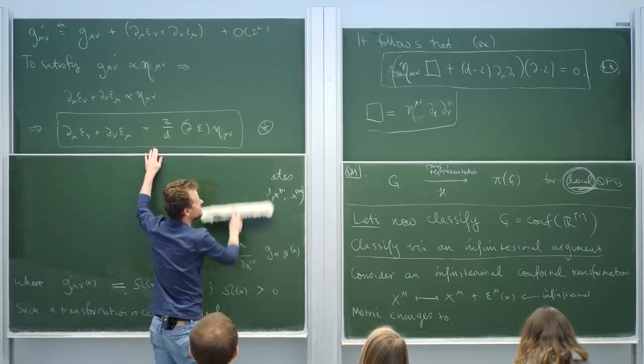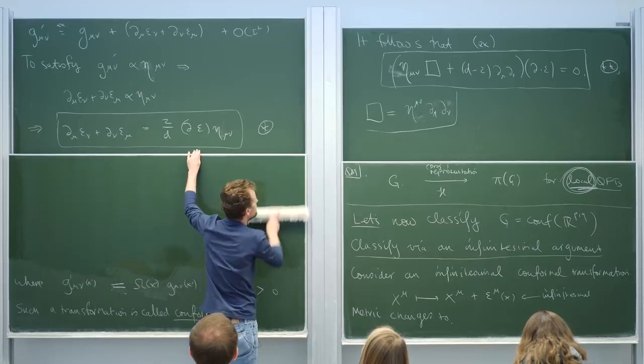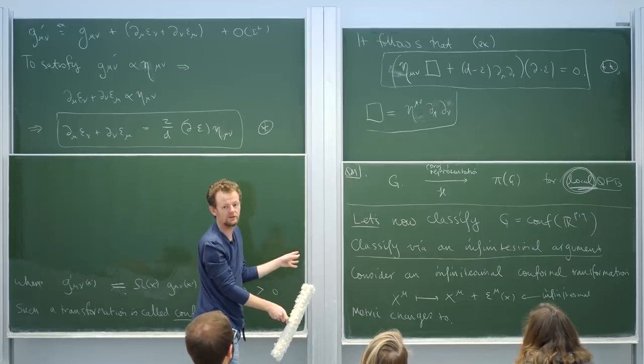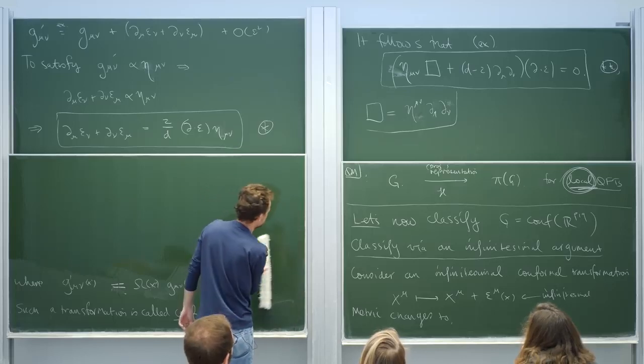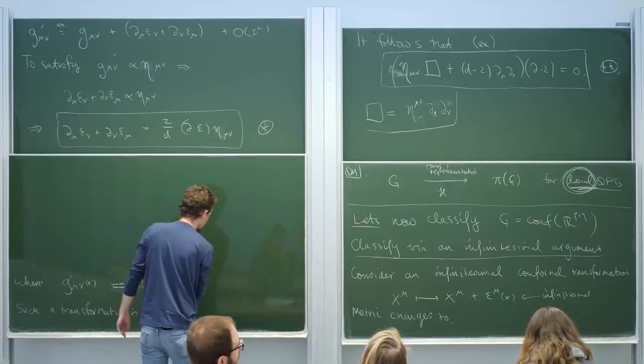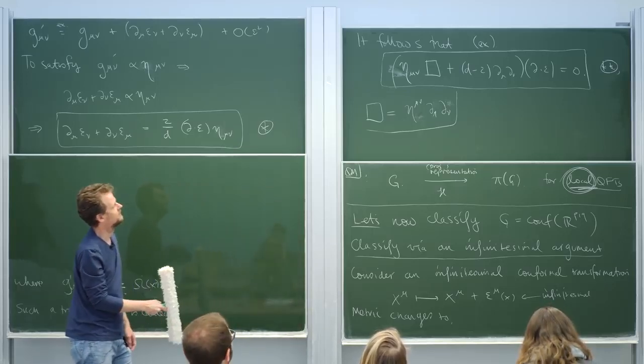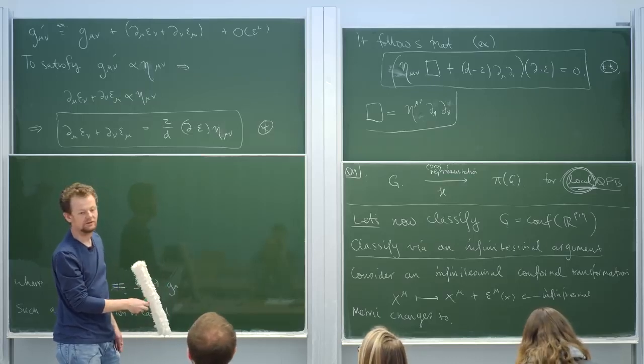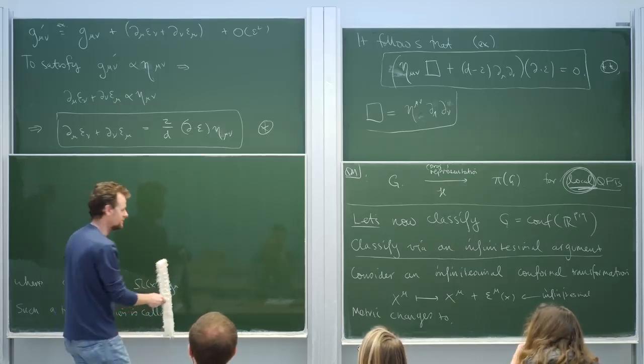So let's just take a look at star star while I'm erasing the board here. You see that there's lots of third order derivatives going on. So that immediately tells you that epsilon had better be at least 3 times differentiable, right?